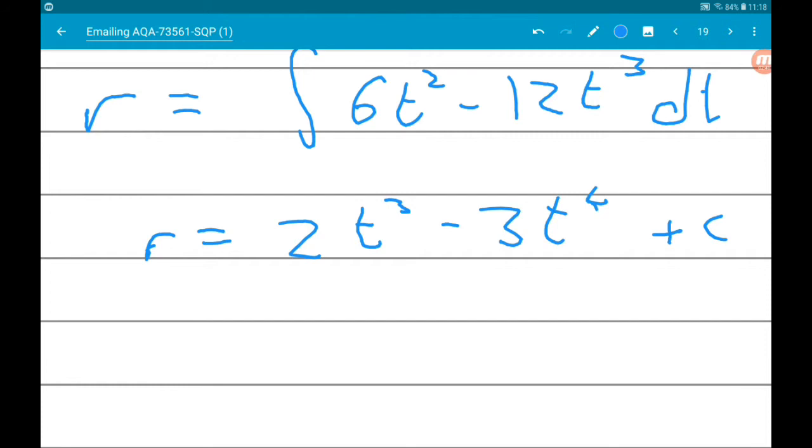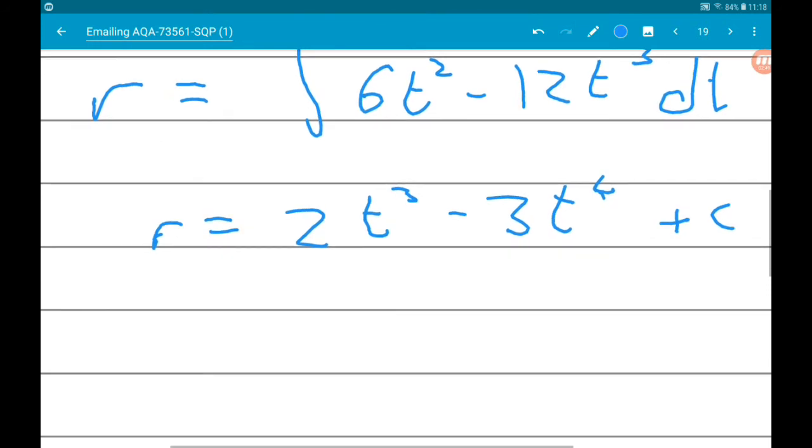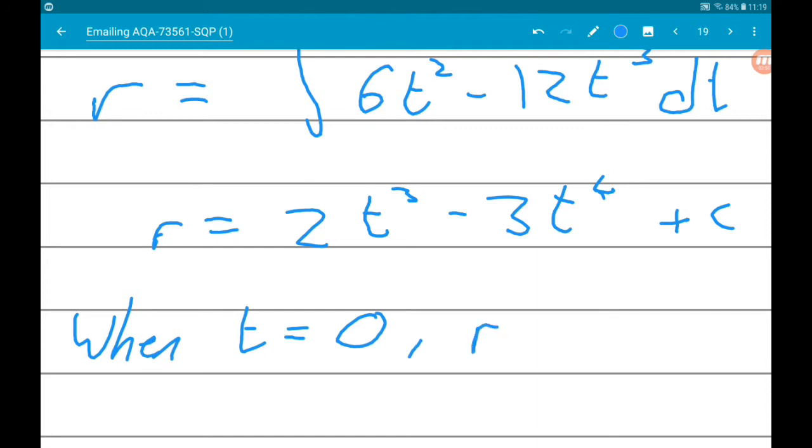So, we need to, first of all now, find the value of c. Now remember, we were told the particle was initially at rest at O. So, when t is equal to 0, r was equal to 0.